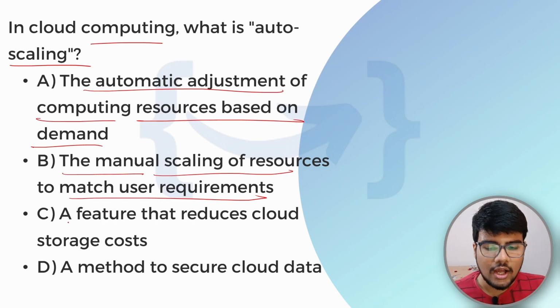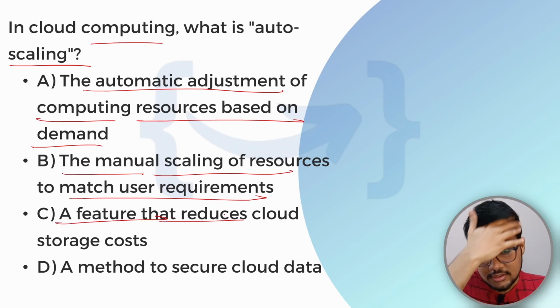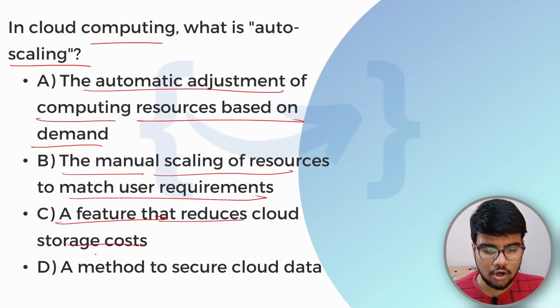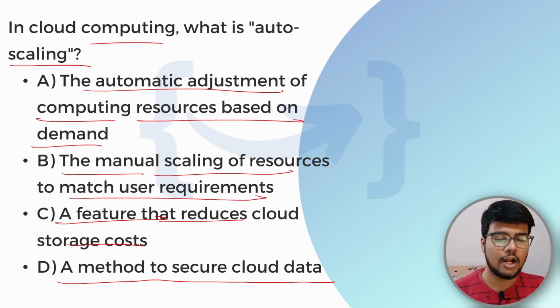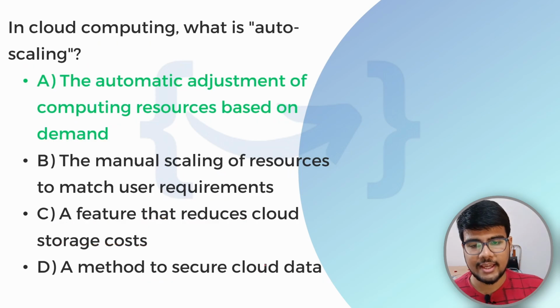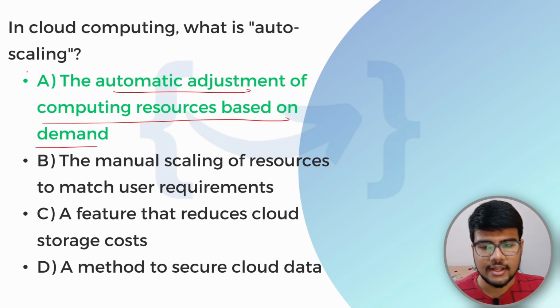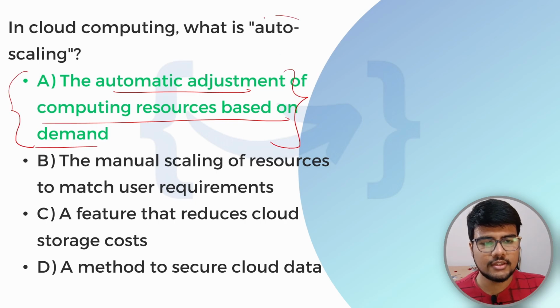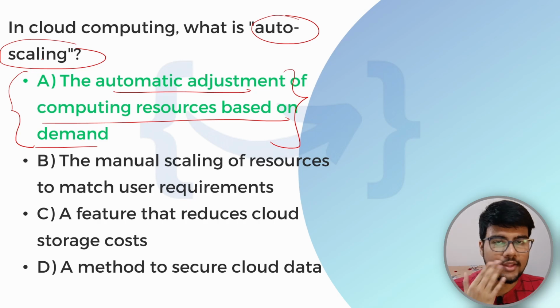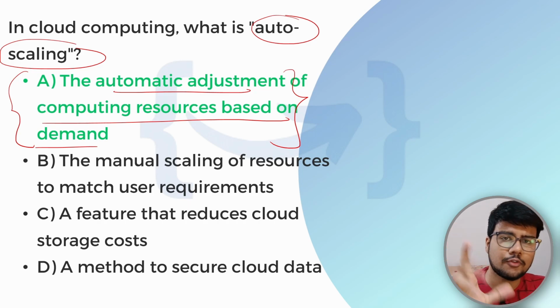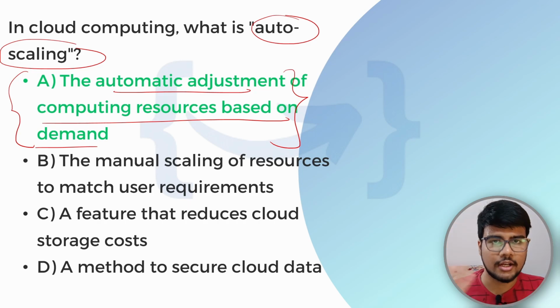I don't think so. A feature that reduces the cloud storage costs. A method to secure cloud data. I know the option is A, because automatic adjustment of computing resources based on demand somehow makes sense with this particular word, auto scaling. Is it? Try to frame a similar type of sentence from the question itself. It would be a great tip.